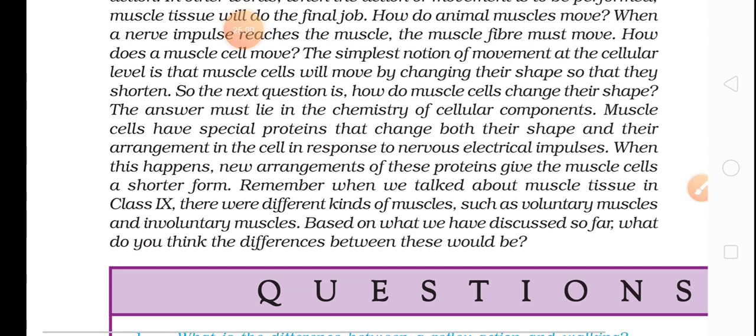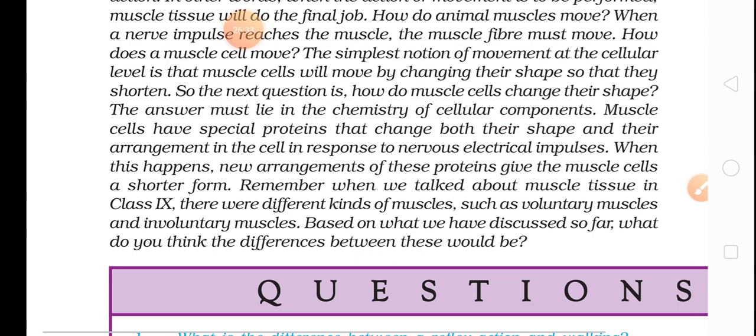So whenever we feel something hot, suddenly we are removing our hand. So this type of muscles are called voluntary muscles. And I think you have studied in 9th the 3 kinds of muscles: voluntary muscles, involuntary muscles, and the third one is cardiac muscles. Voluntary muscles are those muscles which are under our control. Involuntary, we cannot control the muscles, like in the digestive tract.